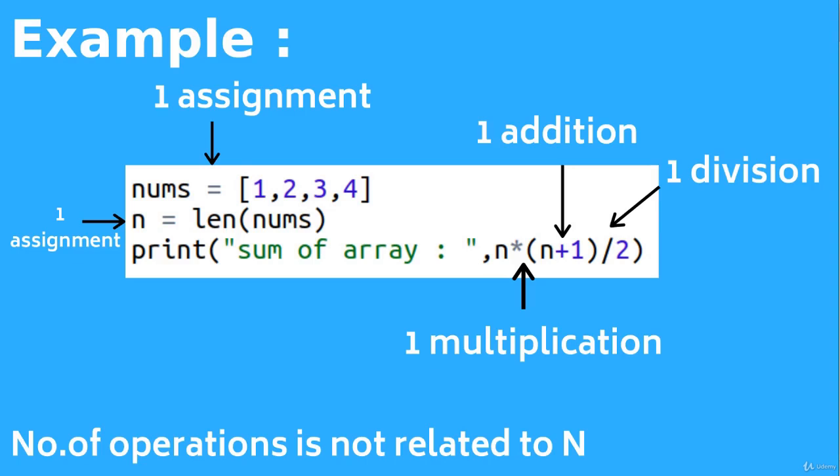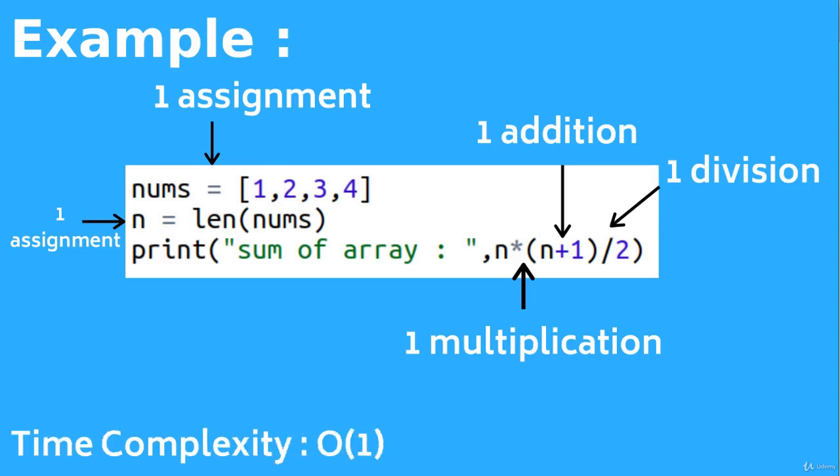Now, we can basically say that the number of operations we have to do in this algorithm is constant. We just need to find the length of our array, do a formula, and boom, we have our answer. Doesn't matter if our array has a size of 10, 100, or a million. The number of operations needed doesn't depend on n, doesn't depend on the size of the array.